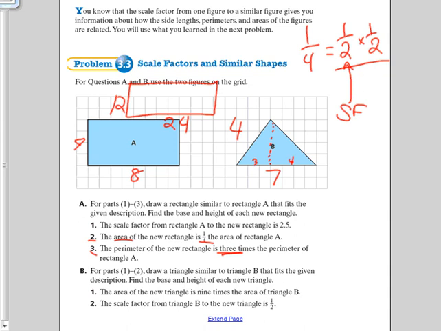The area of the new triangle is 9 times the area of triangle B. All right, well, area, remember, is scale factor squared. So 9, we have to figure out what times what is 9. And that's 3 times 3. So my scale factor is going to be 3. So figuring this out, we're going to multiply this height and this base times 3.